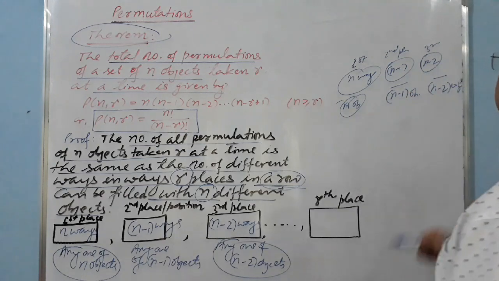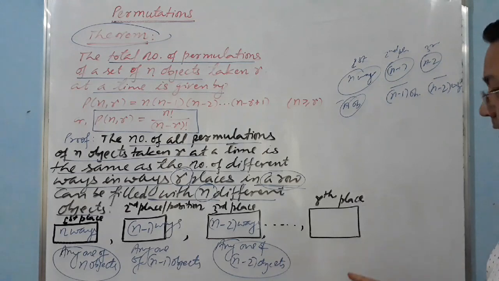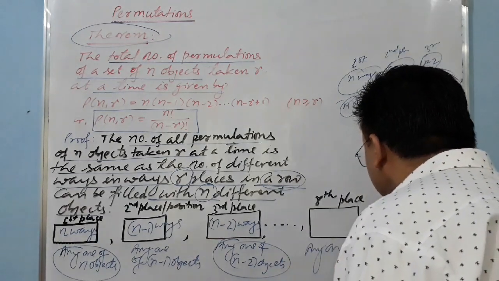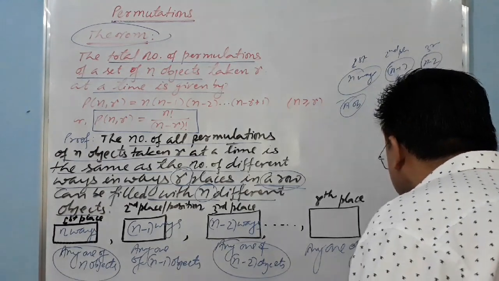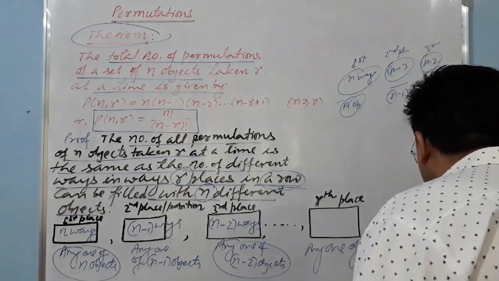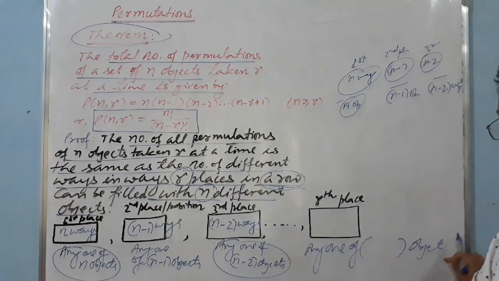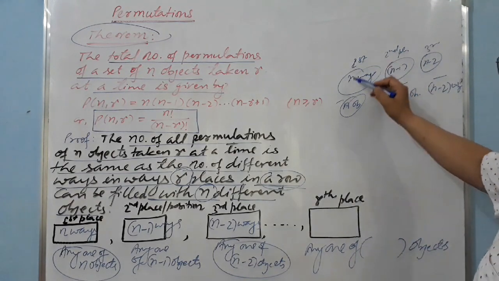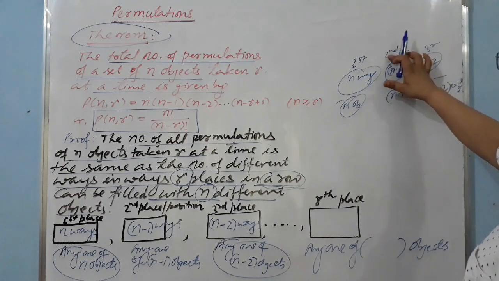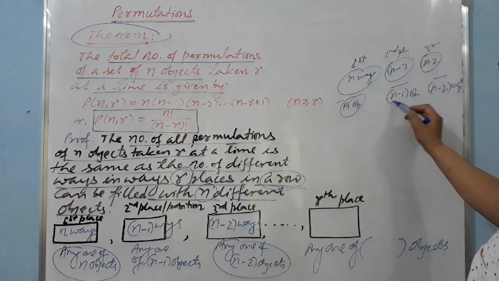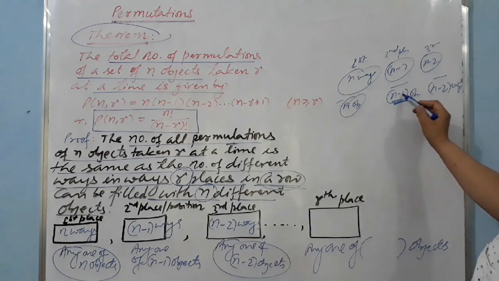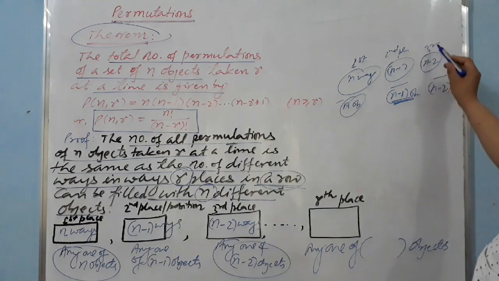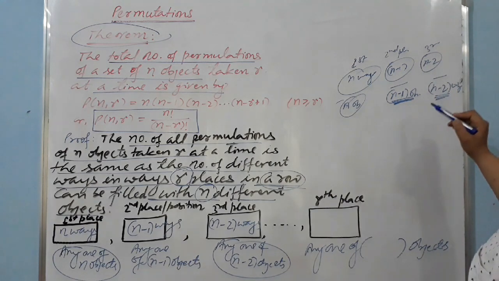Now let's see, any one of how many objects, we don't know. See, first position n objects. Second position n-1 objects, right? We are left with n-1 objects for the second place, and for the third place n-2 objects are left.